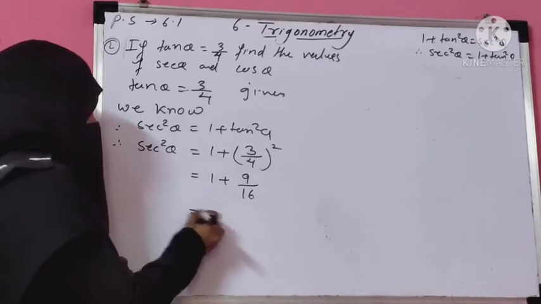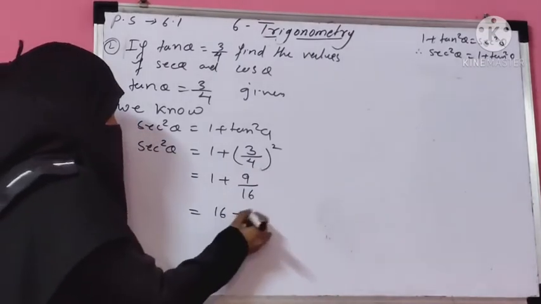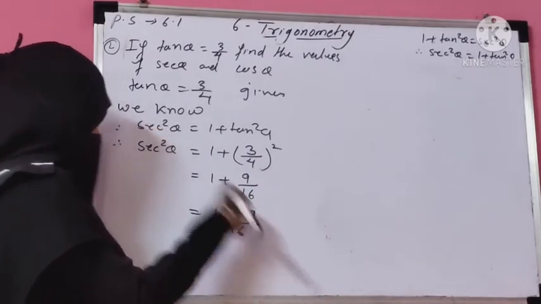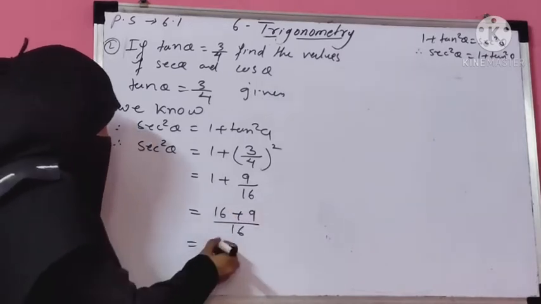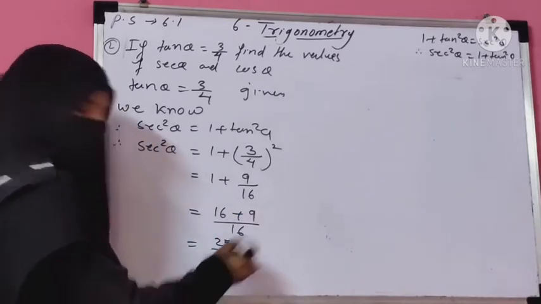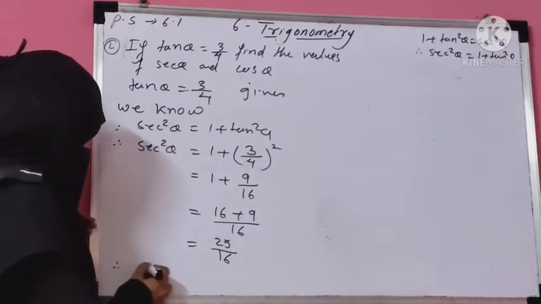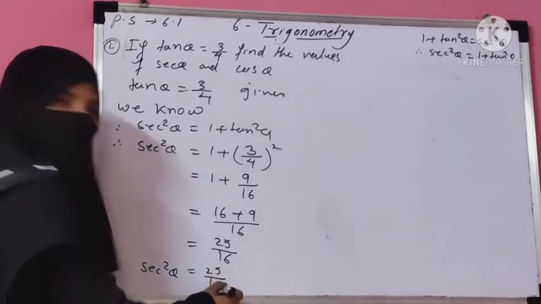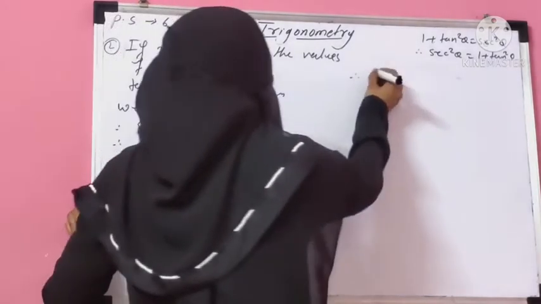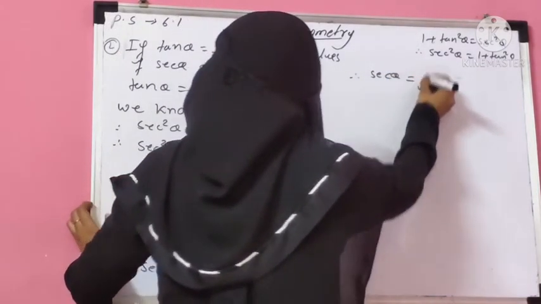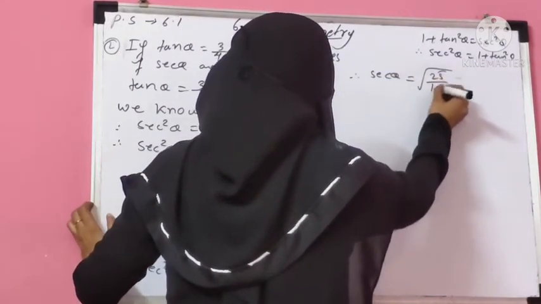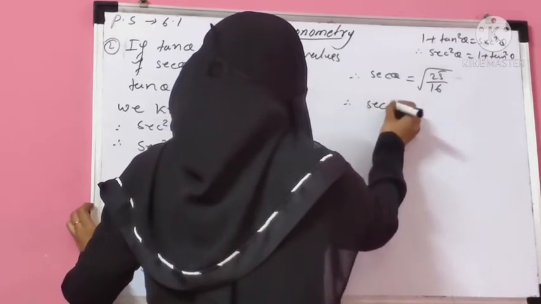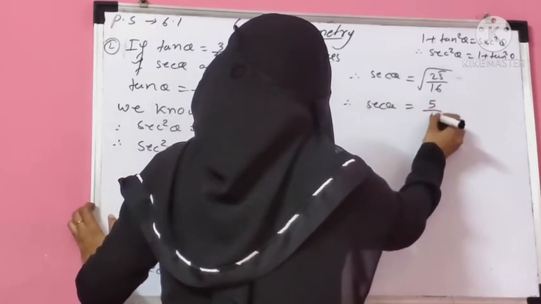Okay. Now cross multiply. 16 ones are 16 plus 9 divided by 16. Okay. So 16 plus 9 is 25 upon 16. So here you get sec square theta is equal to 25 upon 16. Okay. So therefore sec theta is under root 25 upon 16. So the value of sec theta is equal to 5 upon 4.